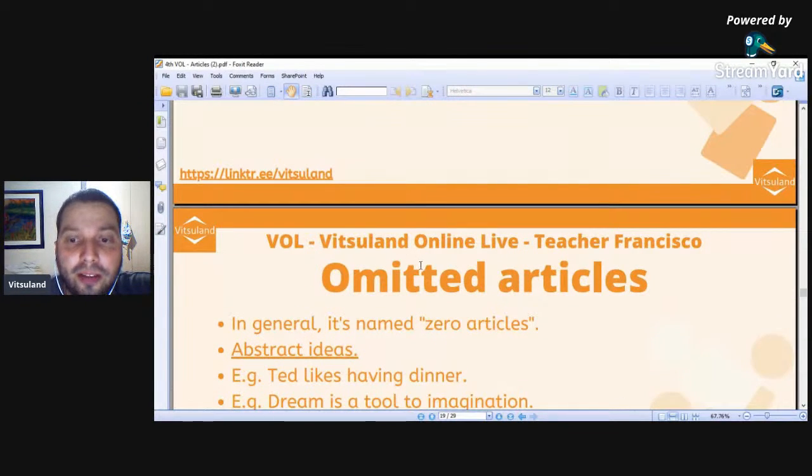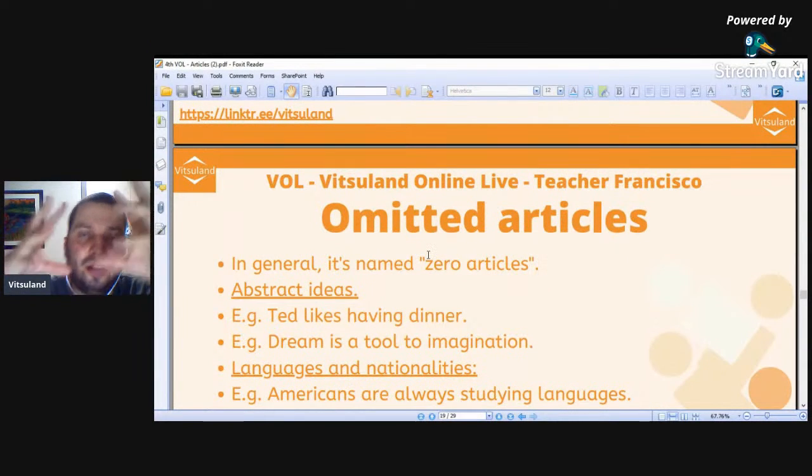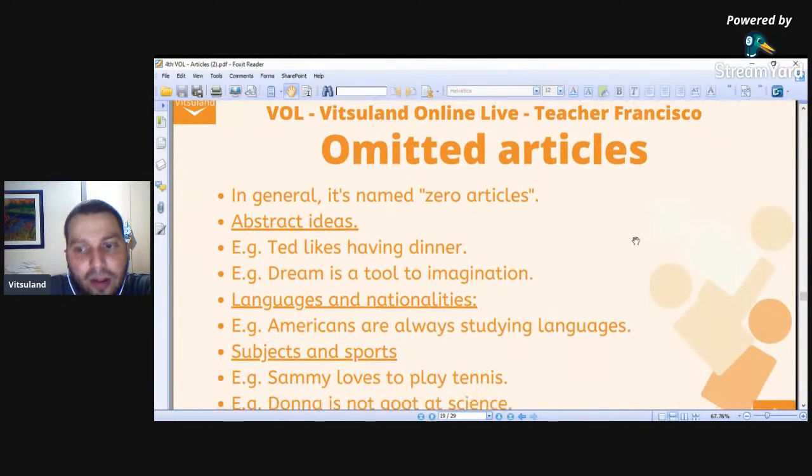Omitted articles. So we already saw a and an. We saw the defined one, and now in which cases we do not use an article, or they are omitted, not shown. We can also say zero articles in some cases. In some abstract ideas, for example, Ted likes having dinner.